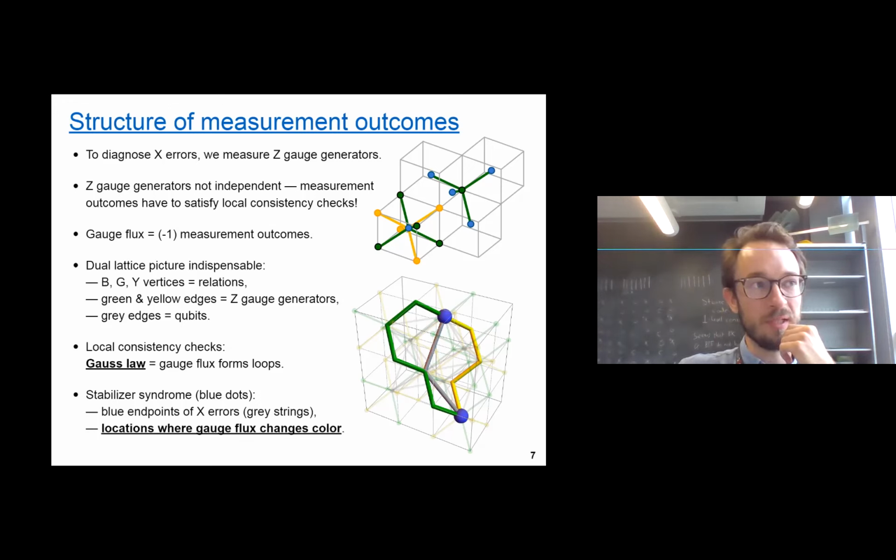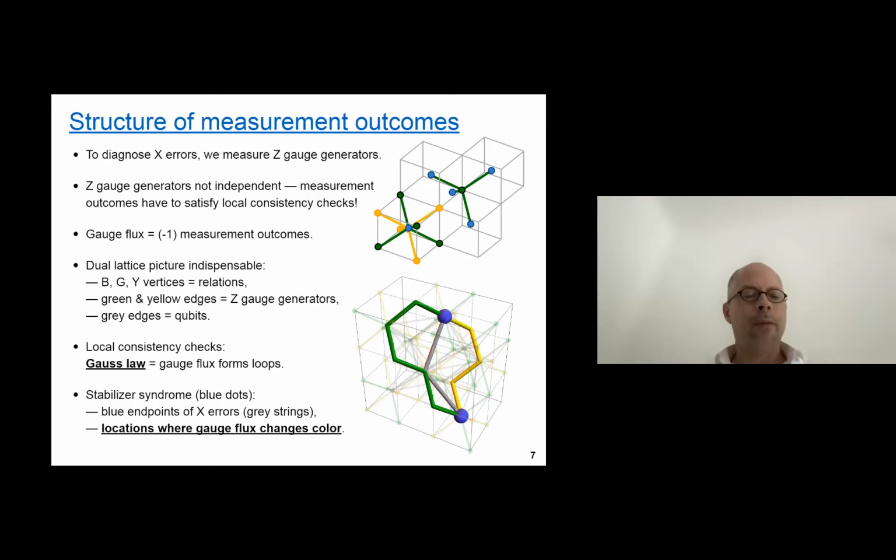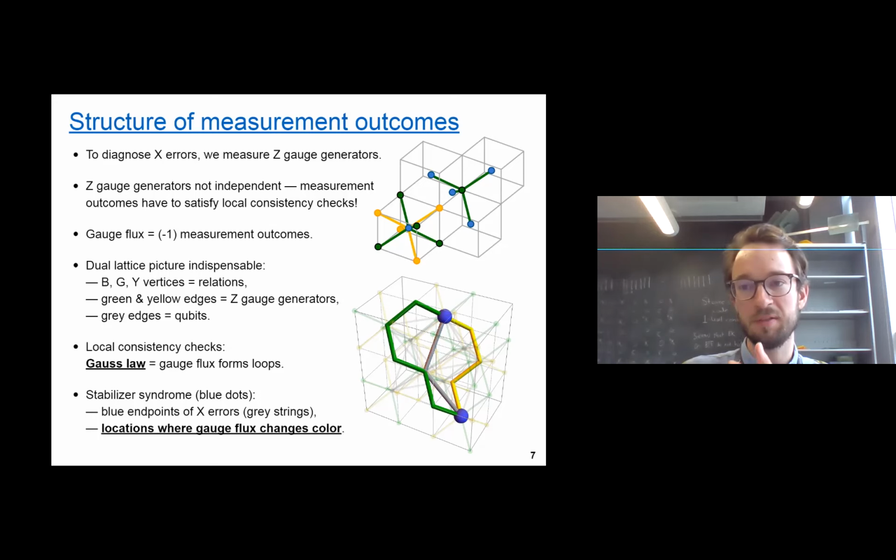And what you can show that means is that the parity of the unsatisfied gauge flux edges which have a -1 outcome has to be even. So this means that the loops have to be closed always. Okay, so you can derive it from the product having to be identity, which means you can then show that the parity has to be even.